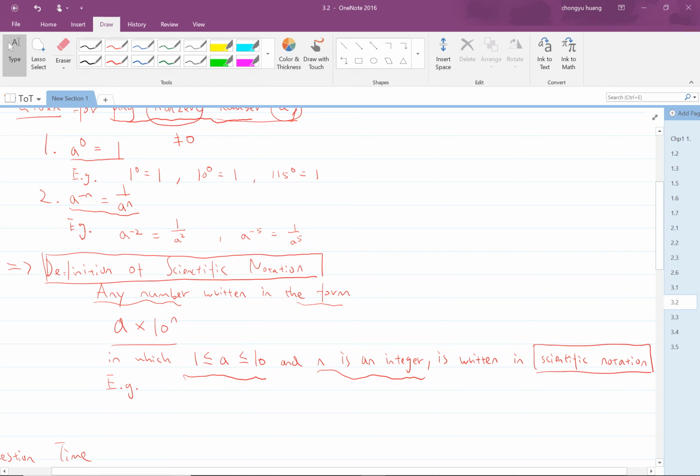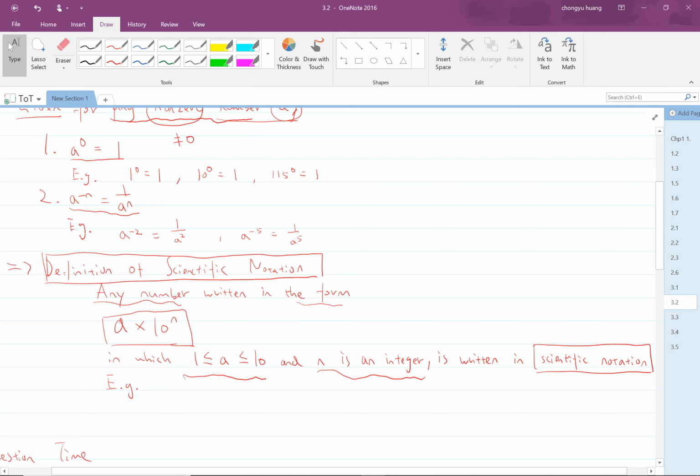Any number written in the form a times 10 to the power n, where a is greater than or equal to 1 and less than 10, and n is an integer. That's the requirement to be a scientific notation, and that's how you define it.